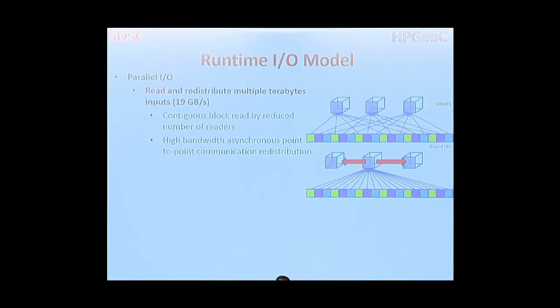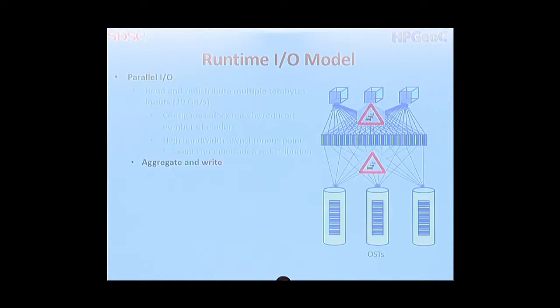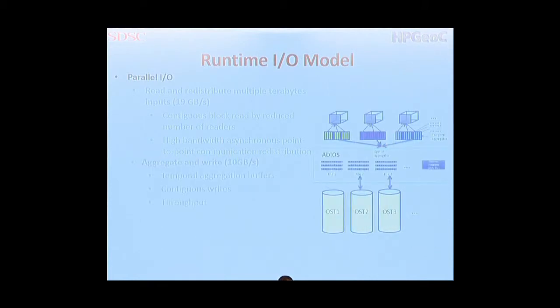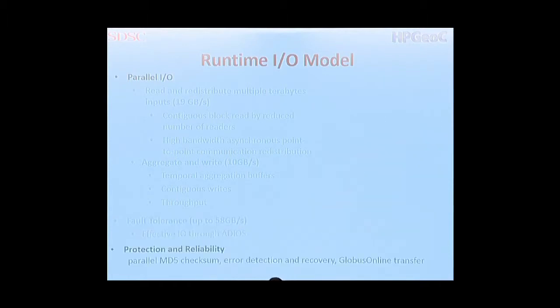This is a trade-off between communication cost and I/O cost. That works very well. For aggregated writing we use the reverse way to do the same work. For checkpointing, we write using the ADIOS library to separate the metadata from the I/O library. For protection we use a parallel MD5 checksum, and error detection is through the workflow, and also with Globus Online for data transfer.